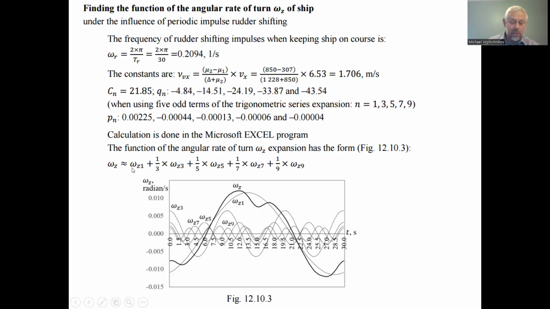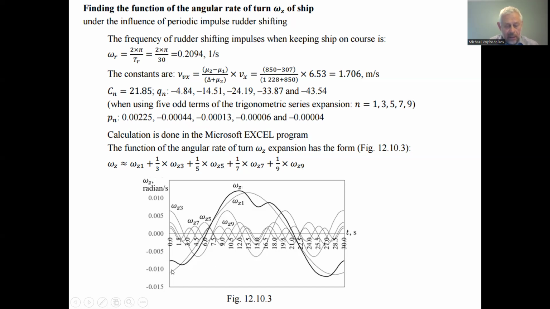For each term of the expansion of the angular velocity of ship rotation around the applicate axis, that is the yaw, and the action of the ship controls, we can see on the diagram many definite curves, dependent on which term of the expansion we got of the particular solution of the inhomogeneous second-order linear differential equation.